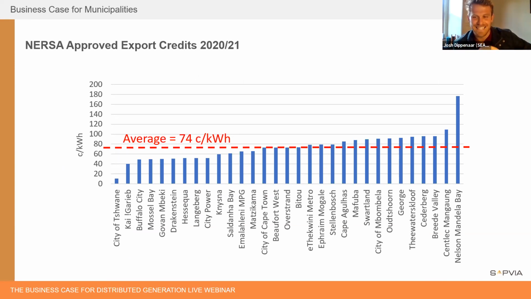And excitingly, 6 more municipalities got their SSEG export credit tariffs approved now as of 1st of July, the start of the municipal financial year. So that 31 will be 37 in our next Sapphire webinar. So the numbers are increasing. And I'll share some thoughts on why municipalities resist this. But to say that more are coming on board and the numbers are increasing. So it's positive. Thanks, Kim.